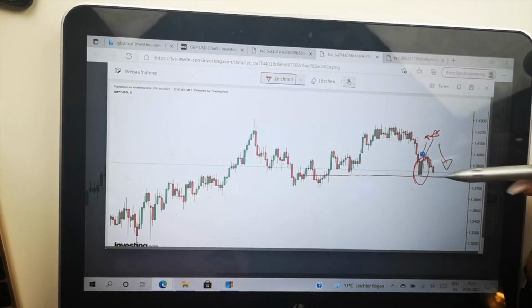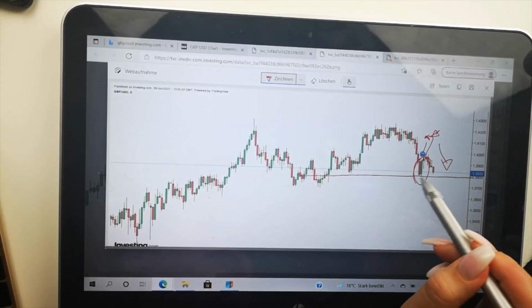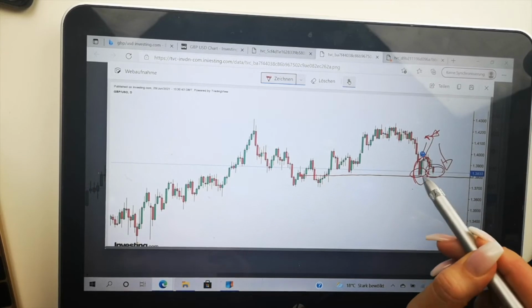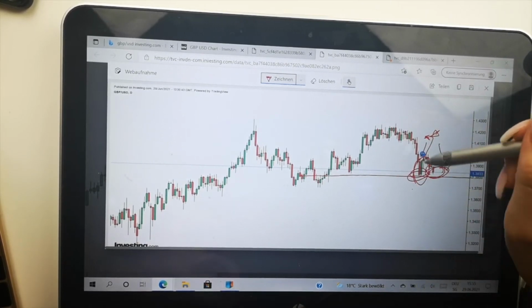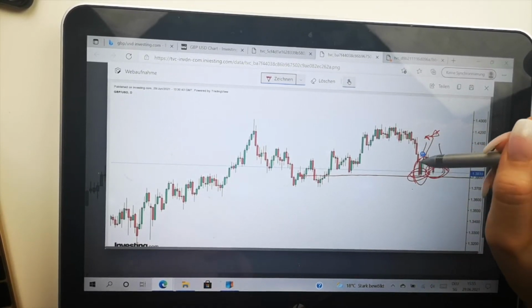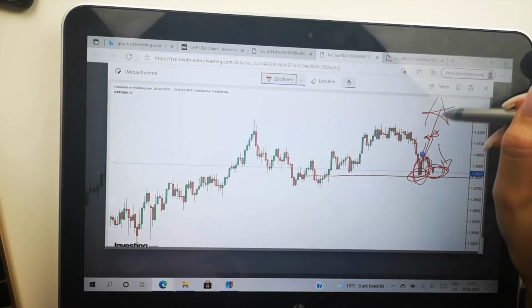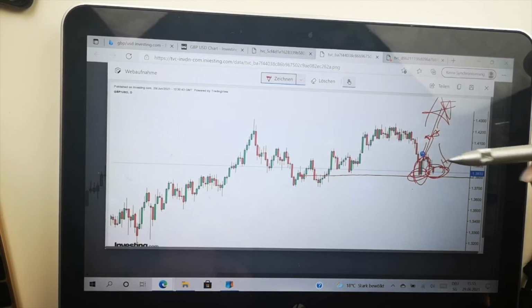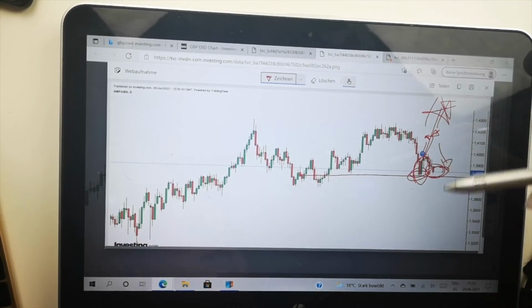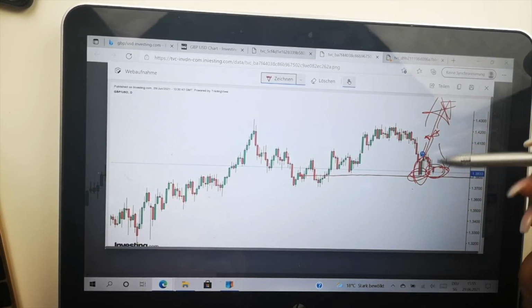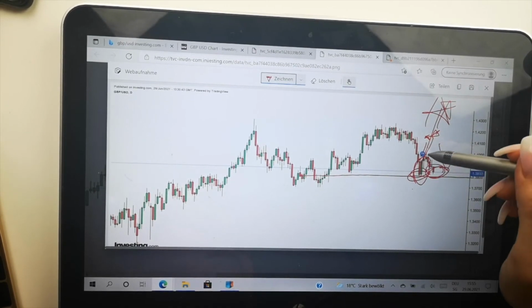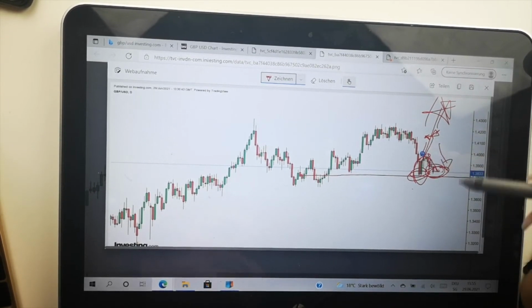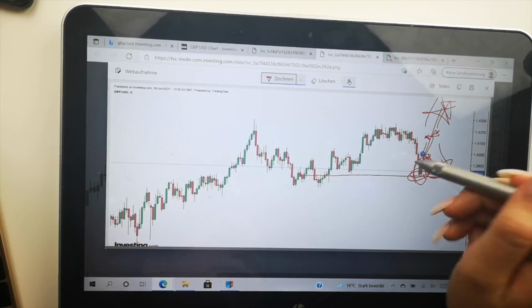So it is absolutely fine, and it's absolutely brilliant if you have a double bottom. That's always much better than just having an engulfing pattern and then the price just goes up and up endlessly, because that usually makes it not that reliable. So it's always better when you've got a bullish engulfing pattern and then price comes back to basically form a double bottom, right?